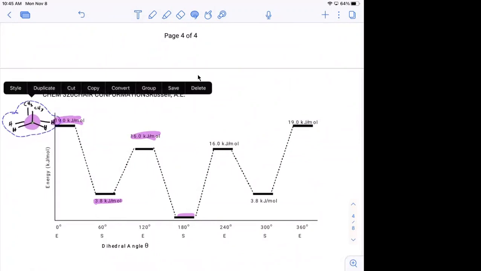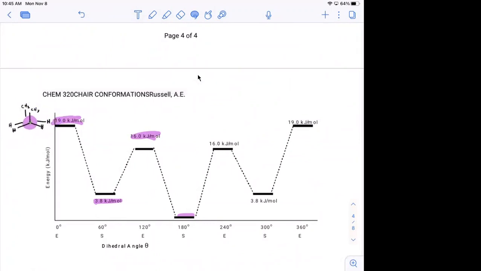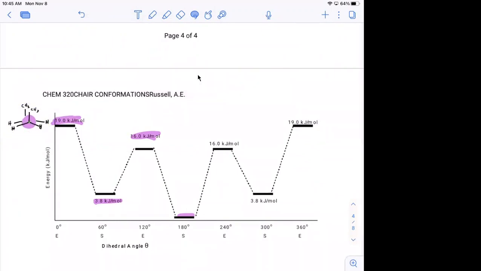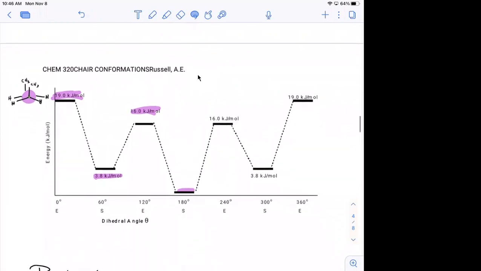So this is the conformation that costs us 19 kilojoules per mole. That methyl-methyl overlap is an intense steric interaction, and it costs a lot of energy. All right. What can I do to alleviate it?